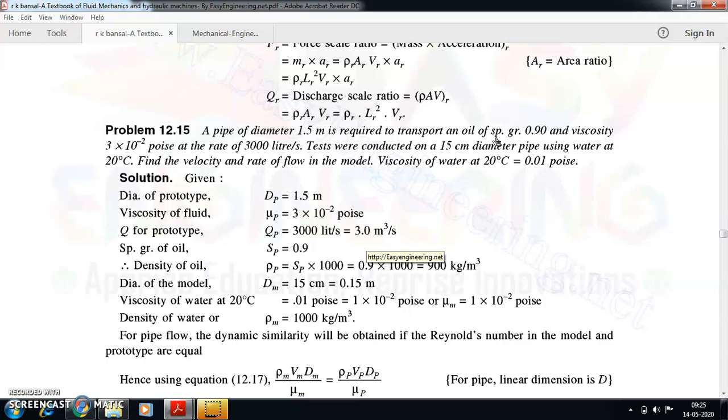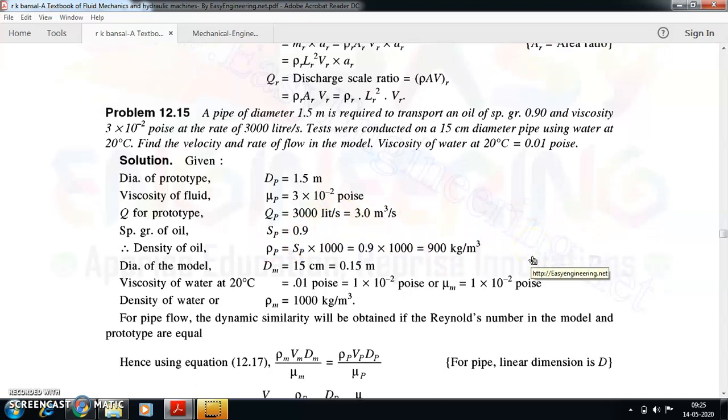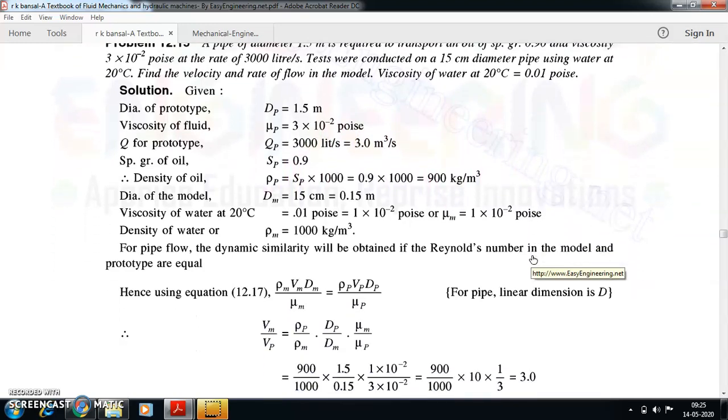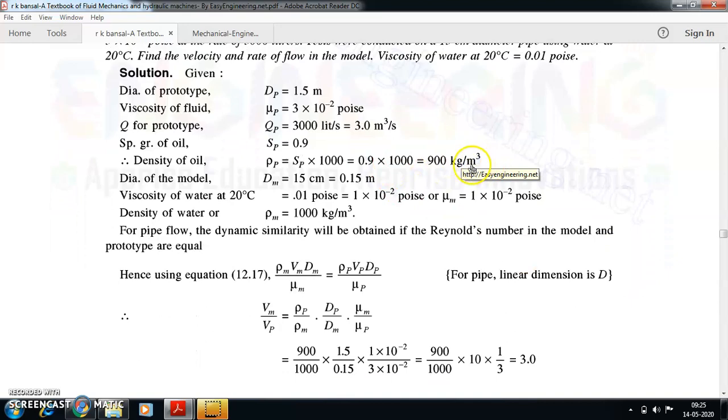So in the given data we know the diameter of the prototype, we know the viscosity of the fluid which is going to flow in the prototype, we know its rate of flow Q also, which is 3000 liters, so 3 meter cube per second. We have the specific gravity of the oil which is 0.9, so density of the oil will be specific gravity into 1000 kg per meter cube. The model diameter is given to you, and viscosity is also given to you.